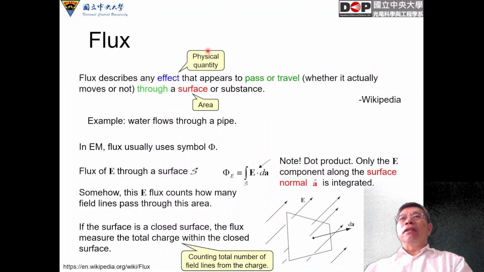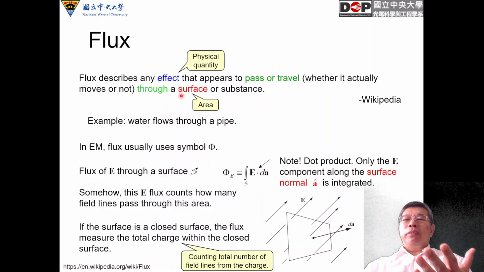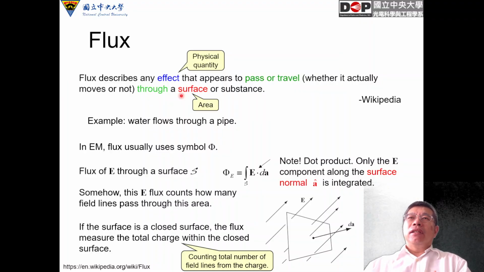The effect here is describing a physical quantity. Even light coming through a certain surface is okay. A sound, or even particles going through a surface. And you can consider a door a surface. So you go through a door. It can also be considered a flux.